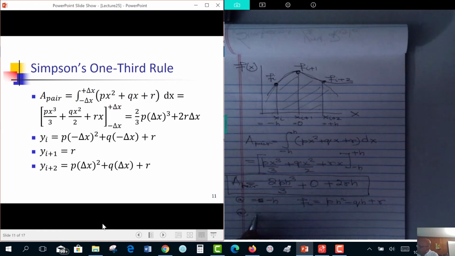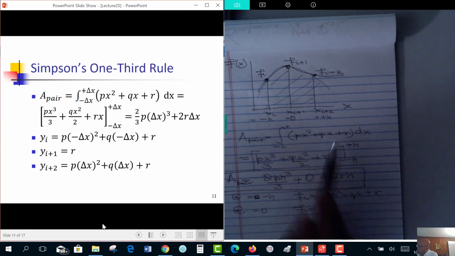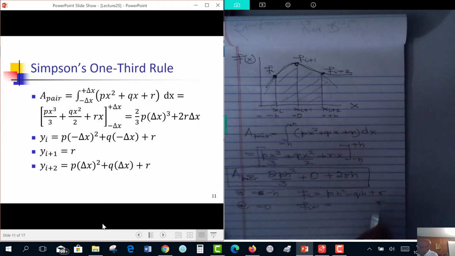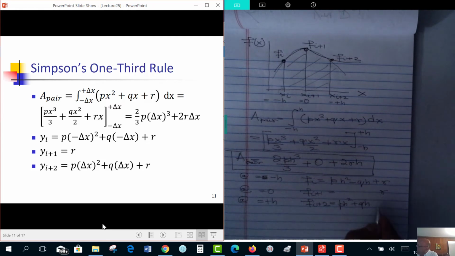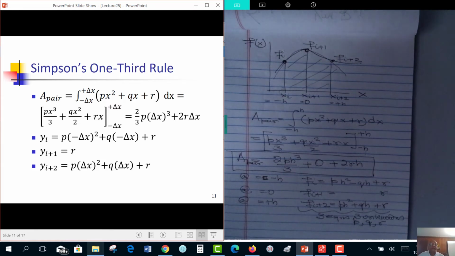Then at x is equal to 0, it is just r. At plus h, our function value is fi plus 2, so it becomes ph squared plus qh plus r. So you can see we have 3 equations in 3 unknowns. Our 3 unknowns are p, q, and r. So we can solve for them.